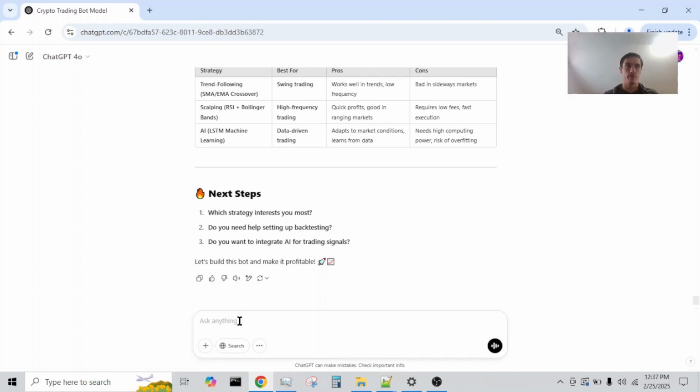So we want to have a trading strategy that follows the trend, also scalps. What would that look like?